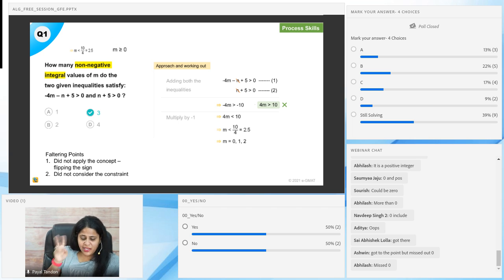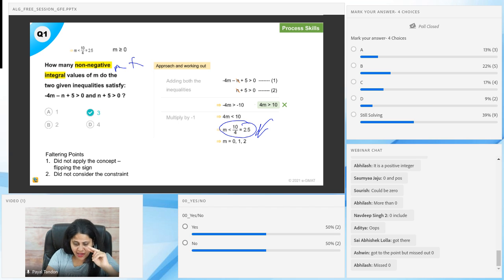There are two reasons why, despite getting m less than 2.5, you would still mark the question as wrong. One is that you don't consider the non-negative integers at all, which is hard to do here because you really need the number of values.